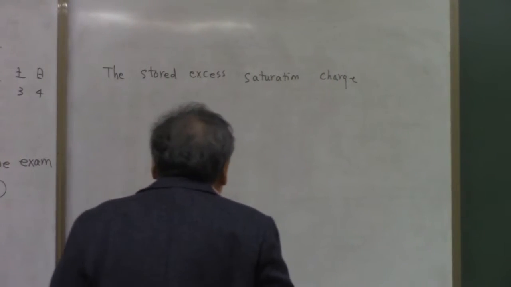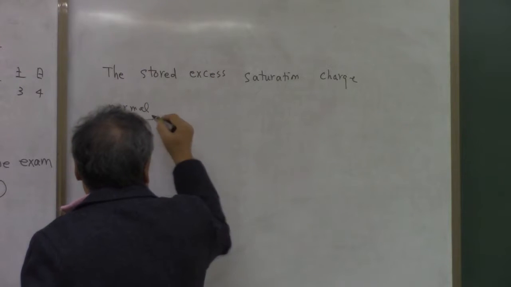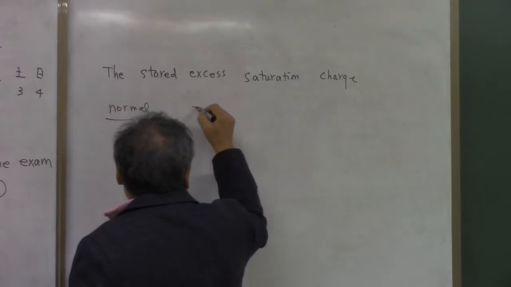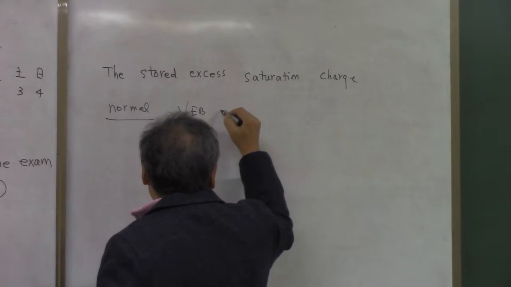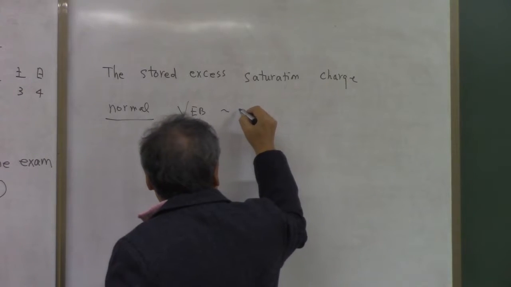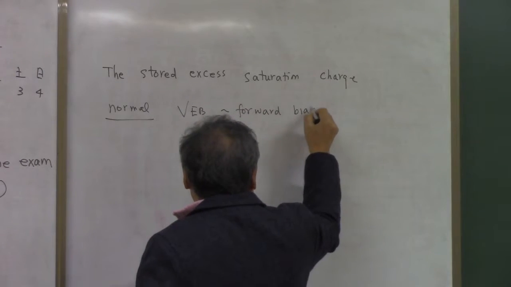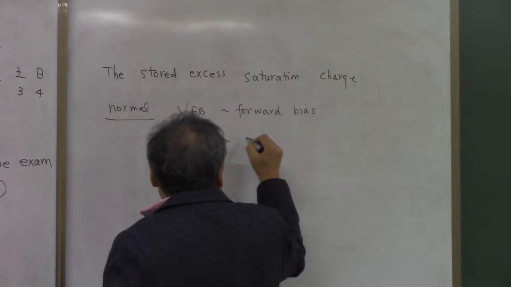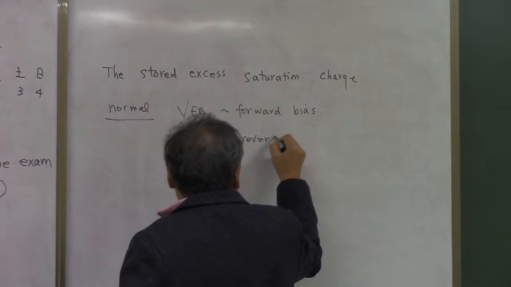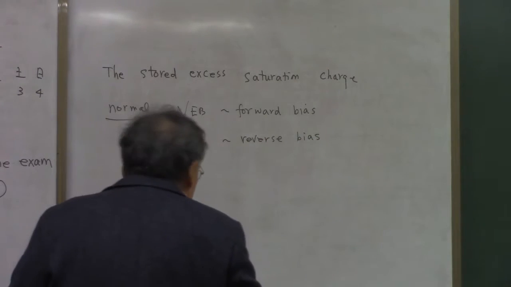The normal operation condition is emitter base voltage is forward bias and the base collector we set reverse bias. That is the normal operation condition.